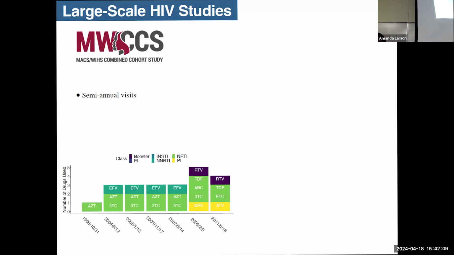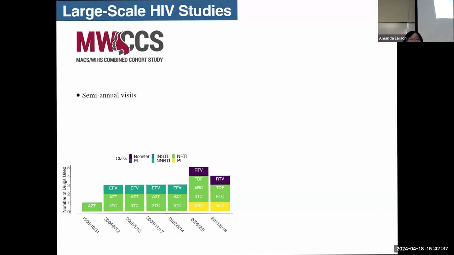For example, here is one patient's data. The x-axis is the calendar dates of this person's visits, and the y-axis is the ART drugs they have been using. This person at the beginning only used AZT, an RTI drug, and then it keeps changing. And recently they use this specific ART drug combination. So that's the drug information.